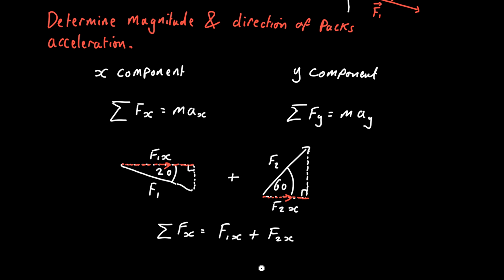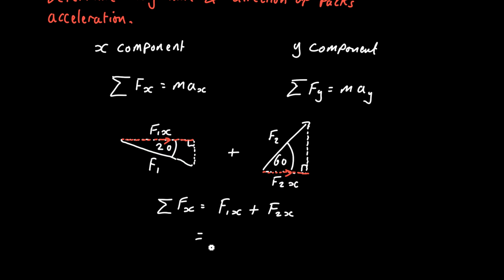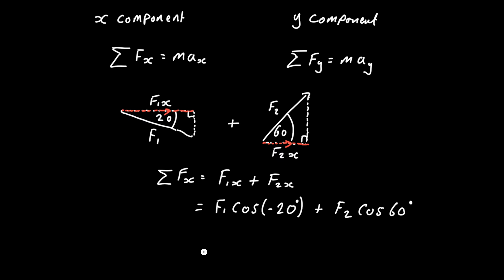With these right-angled triangles, we can use a bit of trigonometry to work out the net force in the x direction. So we have F1 cosine minus 20 plus F2 cosine 60. And all we're doing here is adding up the adjacent sides of both triangles here.